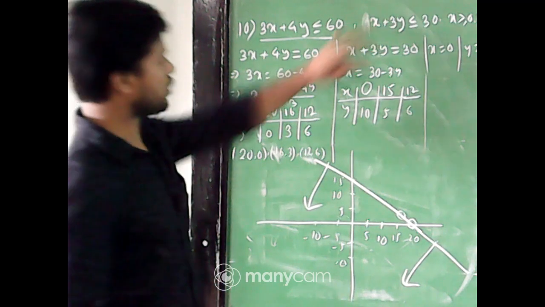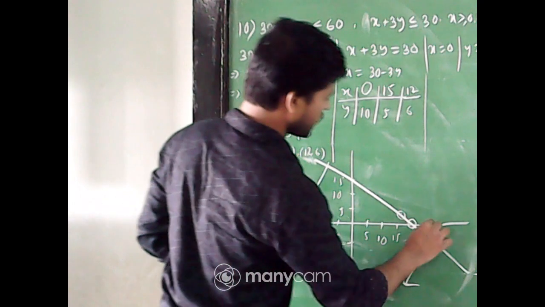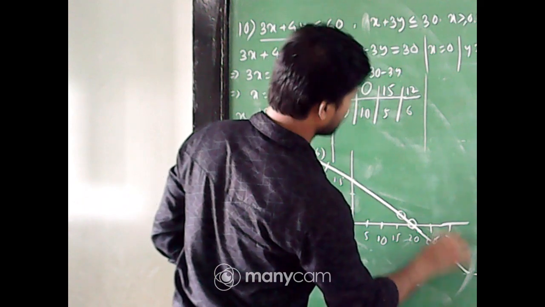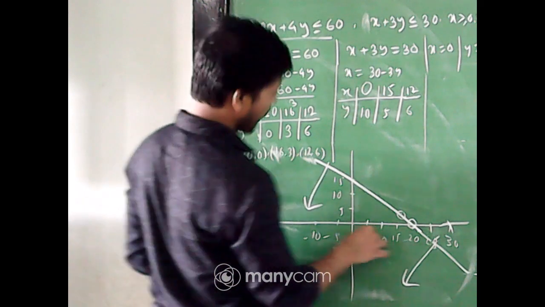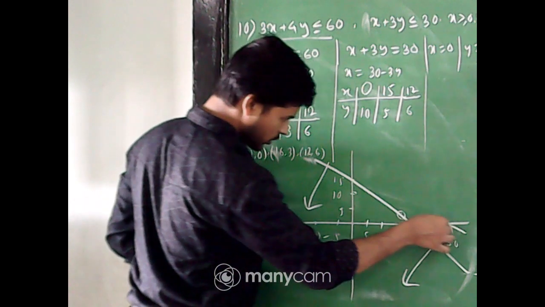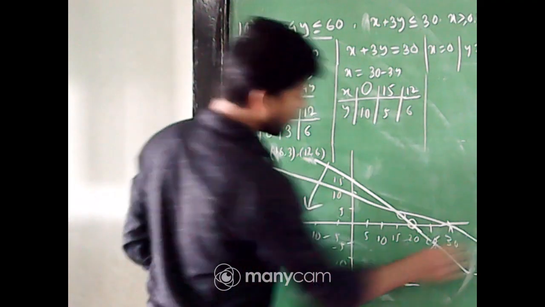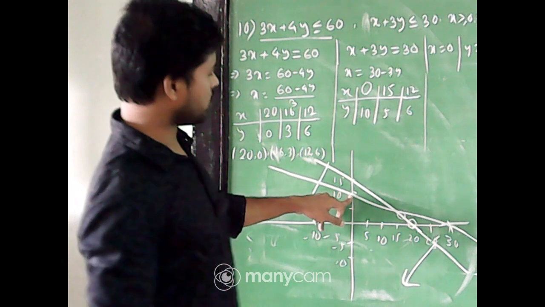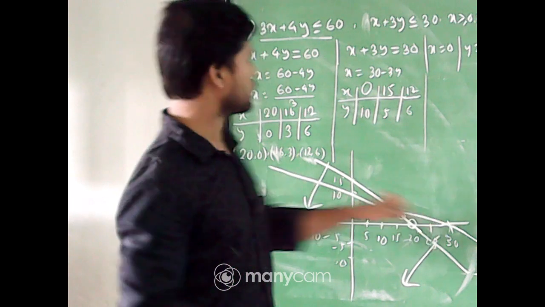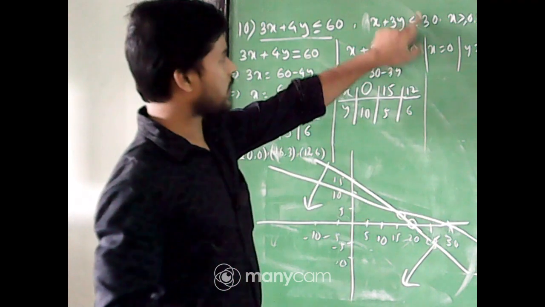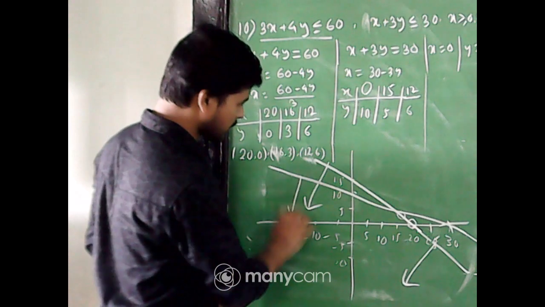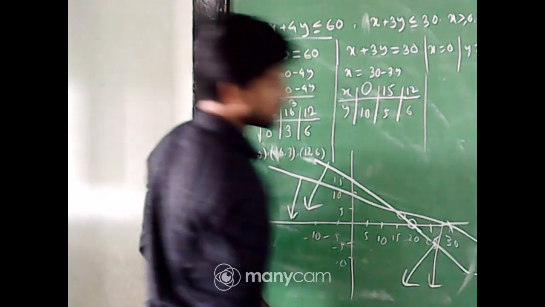Now the second equation, with 20, 25, 30 on the axis. So the points are (30, 0) and (0, 10). If I draw the second equation, it passes through (0, 10) and (30, 0). And as the sign is less than or equal to, its region will be towards the origin.